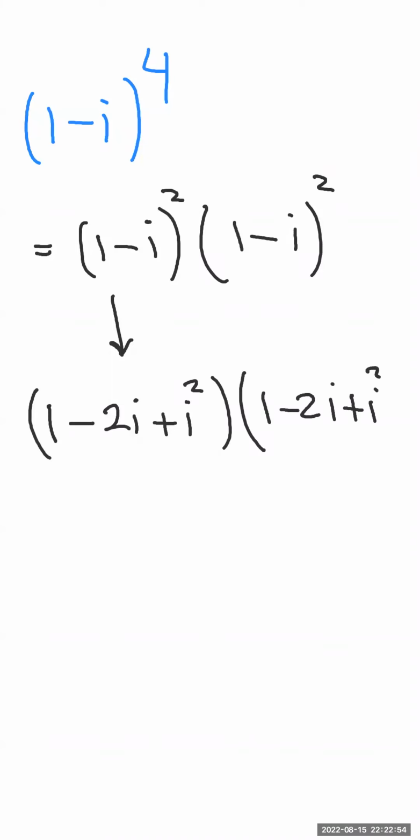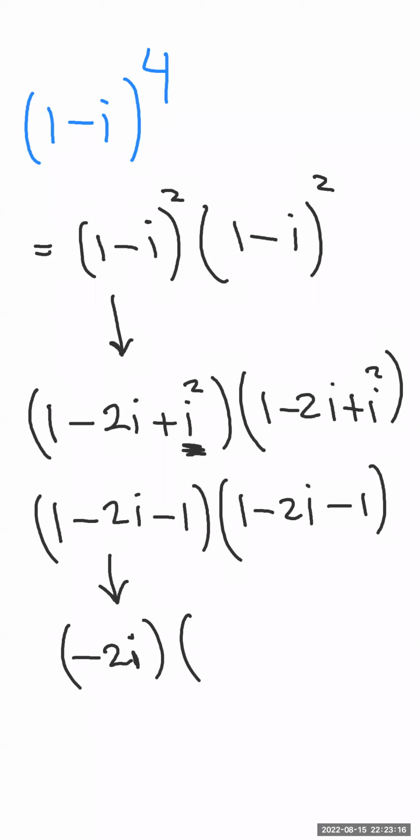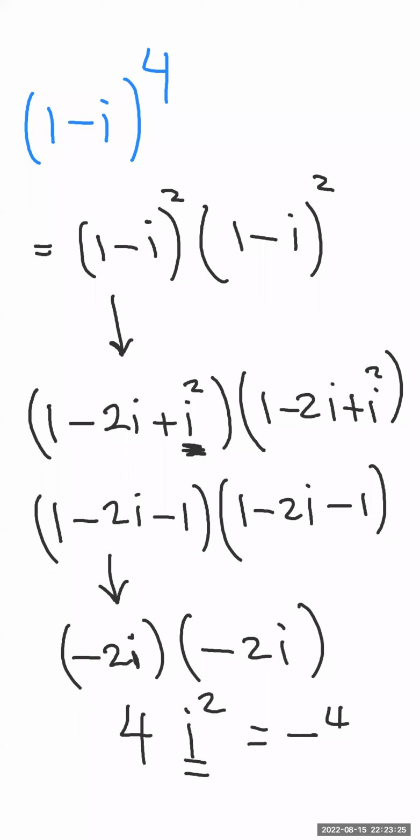I squared means negative 1, so each bracket is 1 minus 2i minus 1, which becomes only two terms: 1 minus 1, 0, and negative 2i. The other bracket is also negative 2i. Negative 2 times negative 2 is 4, times i squared, which is negative 1, so negative 4. Finished.